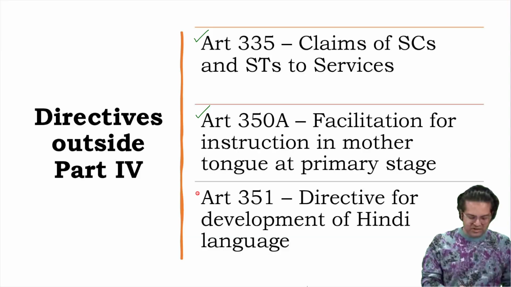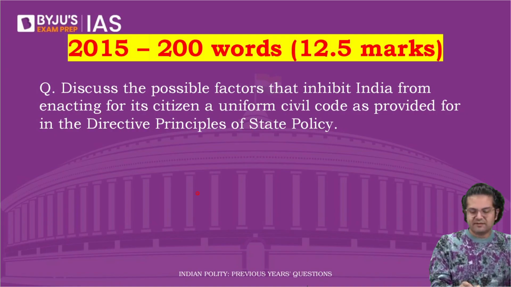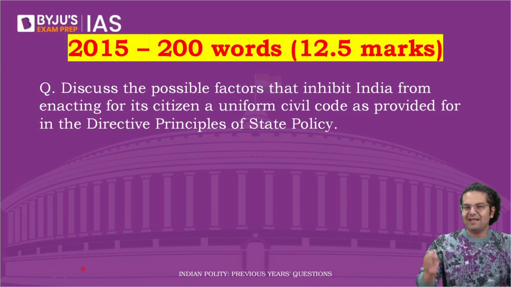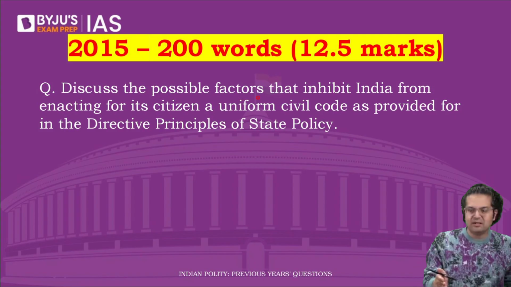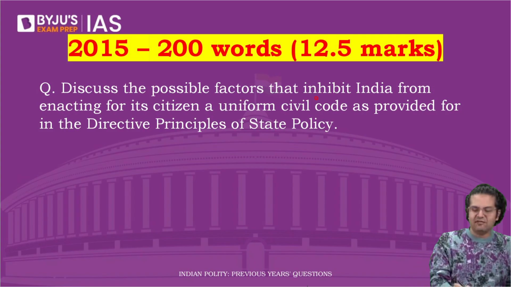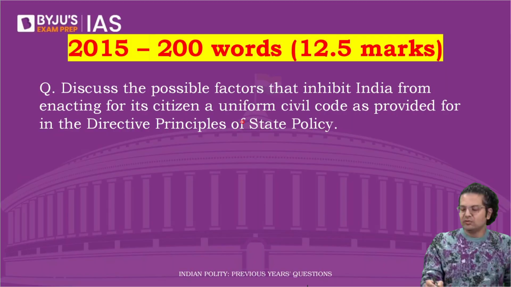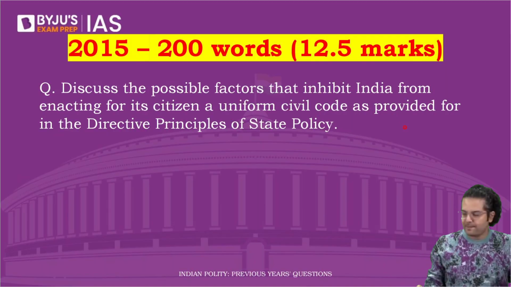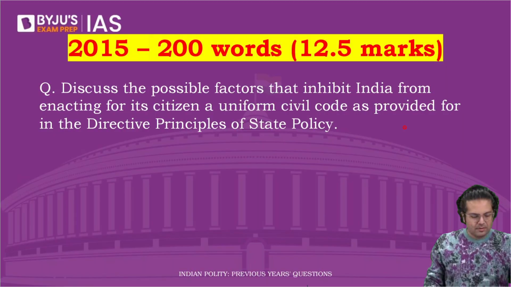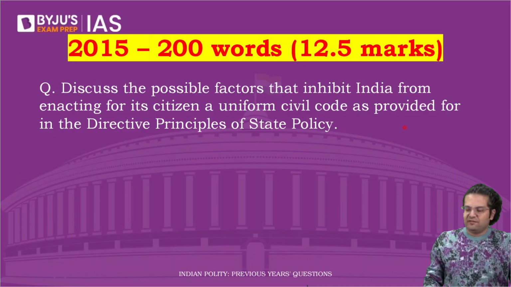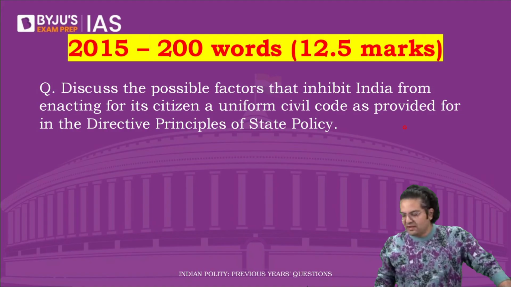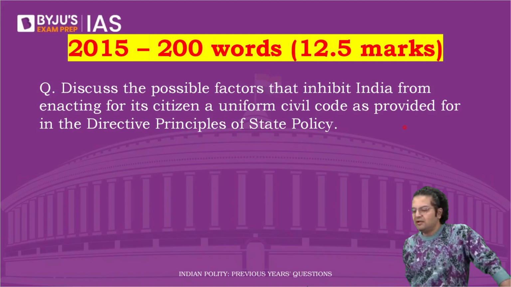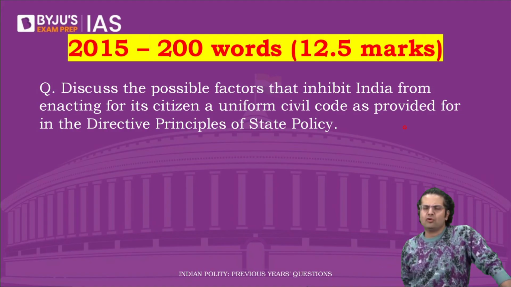A simple question was asked in 2015. Discuss the possible factors that inhibit India from enacting for its citizens a UCC as provided for in the DPSP. Okay. So we have seen enough information. Prem Kumar asks: sir, why did the makers of the constitution create fundamental rights in conflict? No, there is no conflict.